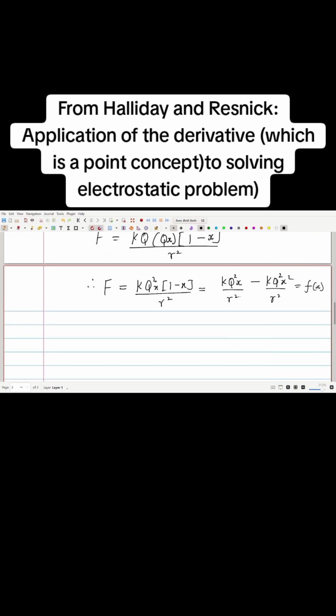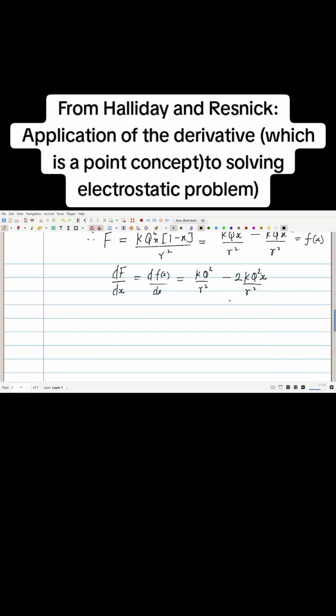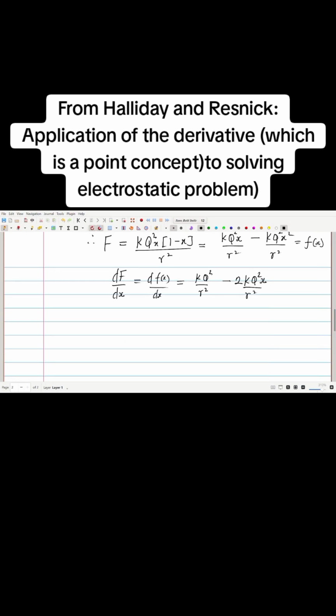On differentiating, we have dF by dx, which is dF of x by dx, equal to kQ squared over r squared from the first term, and from the second term 2kQ squared x over r squared. Now performing the differentiation again, we shall have the second derivative d2F.